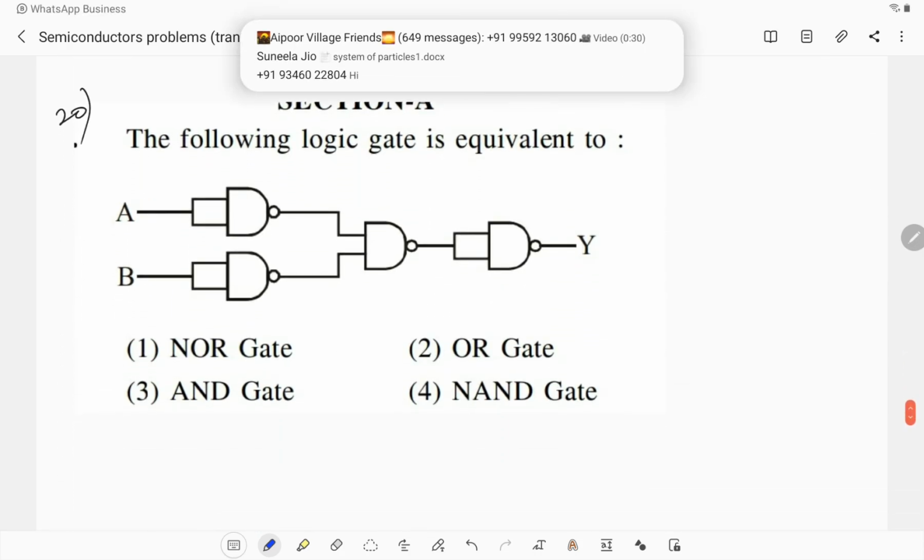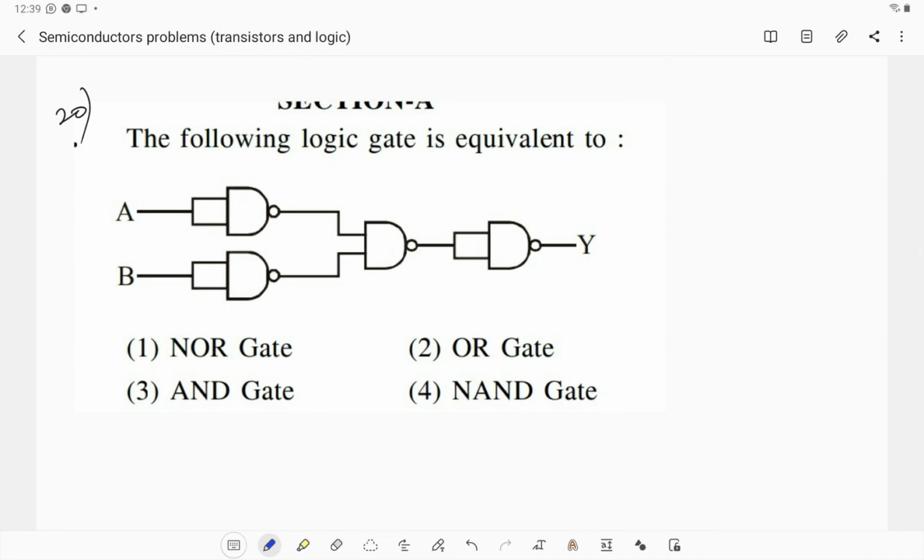Next, 20. This is the direct NOR gate, conversion of universal gates into fundamental gates. So, here is A, this is A bar, here is B, B bar. The output is (A bar dot B bar) whole bar.